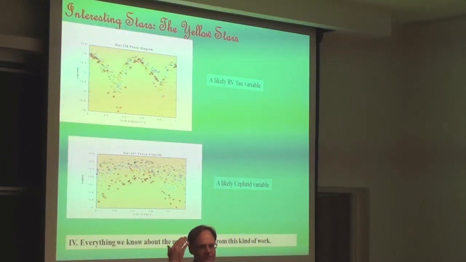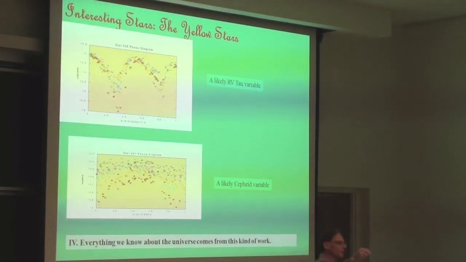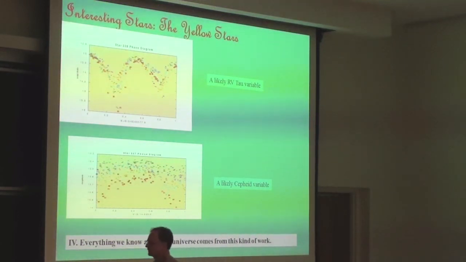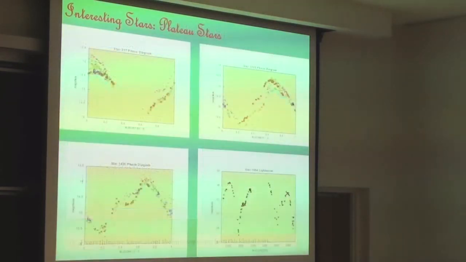It's not just there. It doesn't just appear out of nowhere. You've got to work and work and work at this stuff to make it happen. So the kind of work that we're doing here, we say everything we know about the physical universe comes from this kind of work, and people have been struggling with this for hundreds of years to put these pieces together, and they weren't sure they had it right when they put it together.